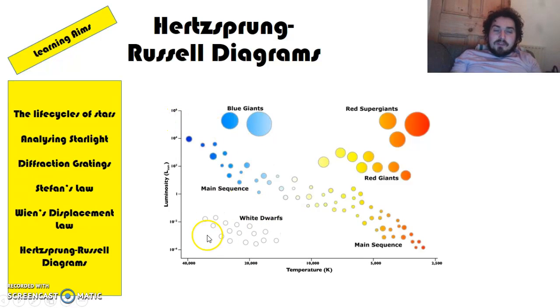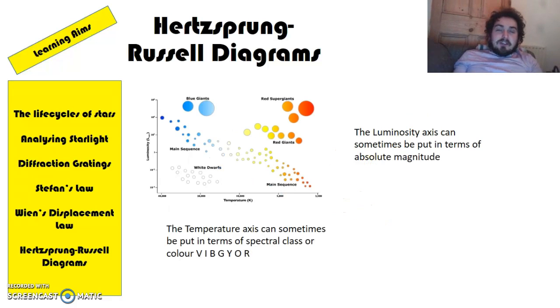Our white dwarfs are down here. They're very, very hot, but they're not that luminous because they're very small. And then a black dwarf would slowly fade down, and eventually over to nothing Kelvin at an infinite amount of time from now. Obviously, nothing can ever get to 0 Kelvin.